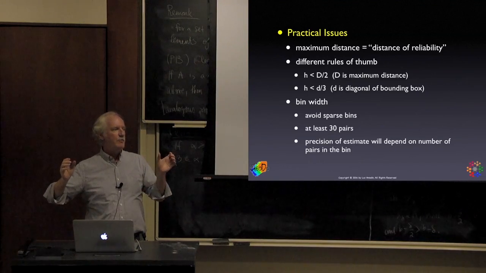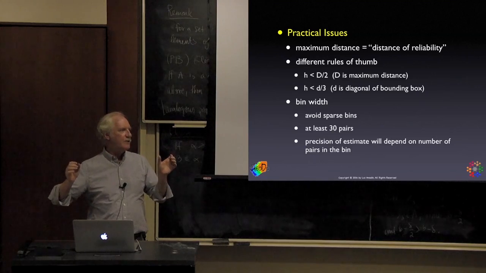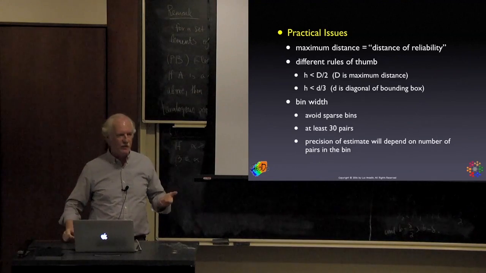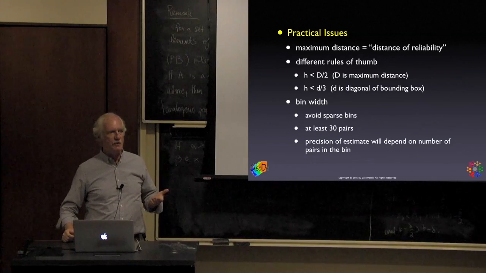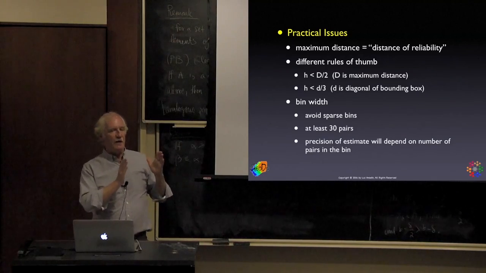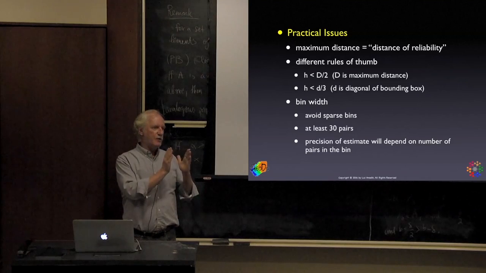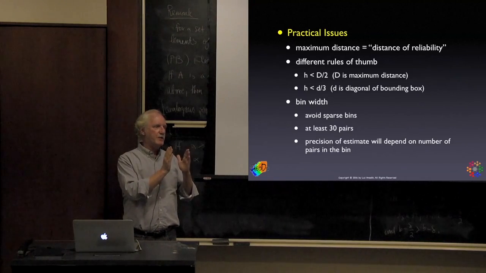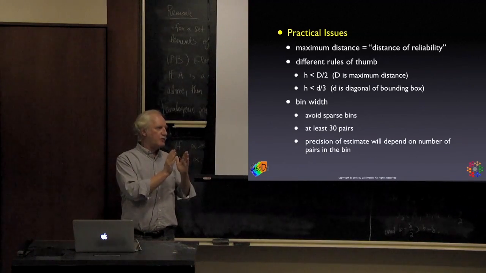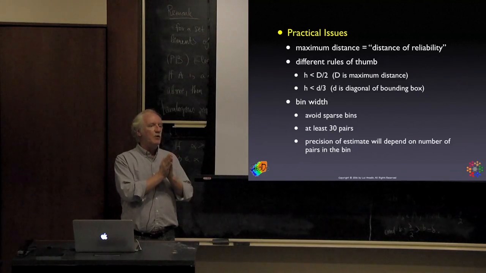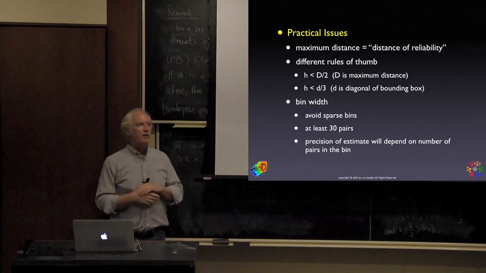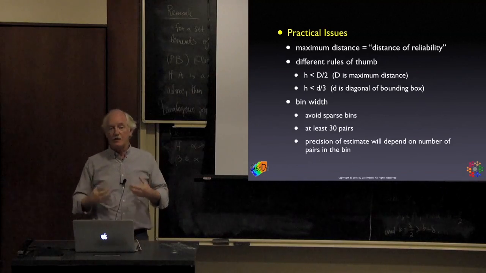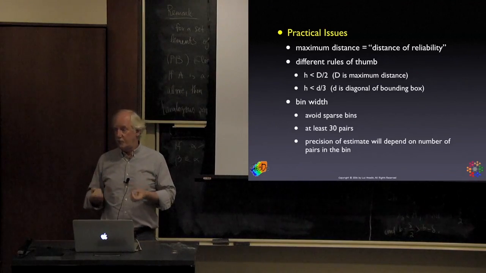But that could be too narrow a bin, so that you end up with, say, 5 or 7 observations in one. Typically that happens at the very short end, because there are not that many observations at the very shortest distances. So you get very weird looking variograms because the average is based on insufficient information.